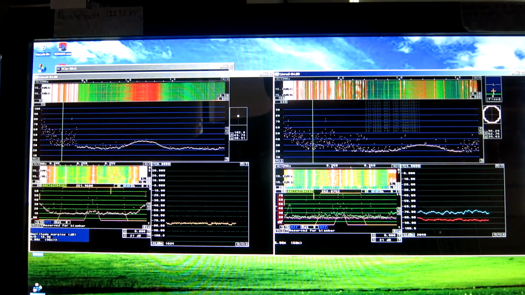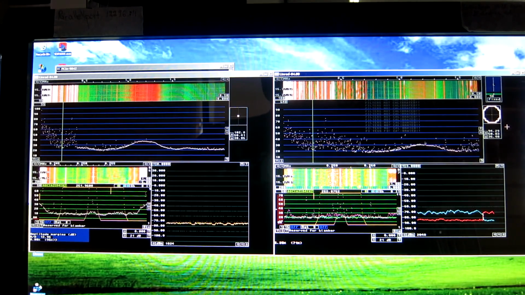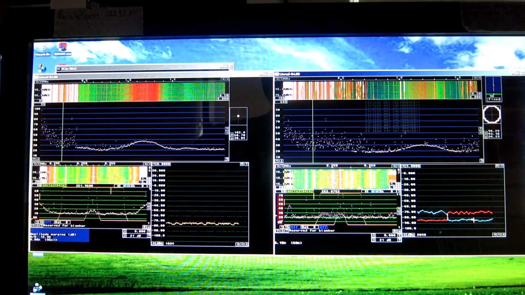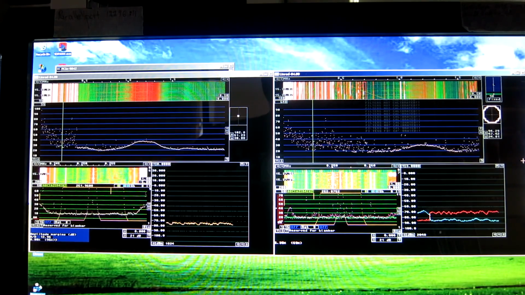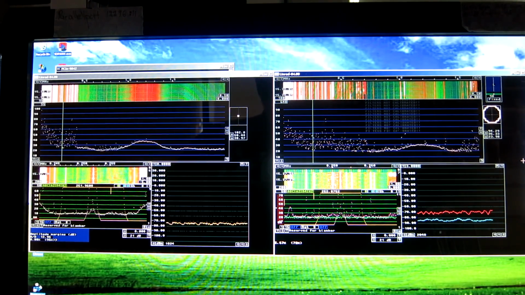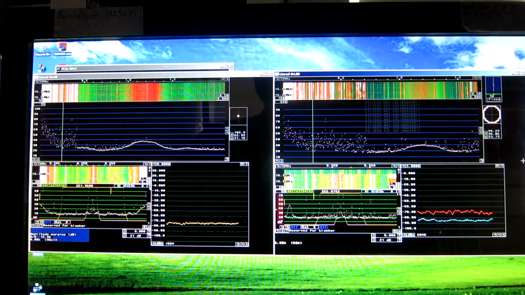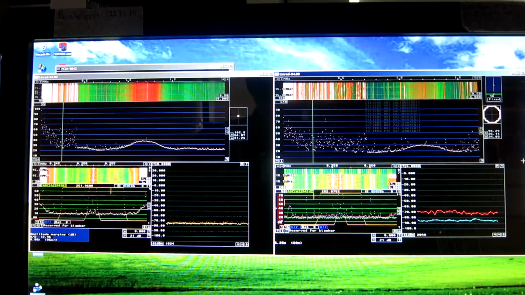If I listen on the other channel, you can see the signal level differs by about 15 dB. We can hear the local NDB a little. I will now switch the signal to the other input.